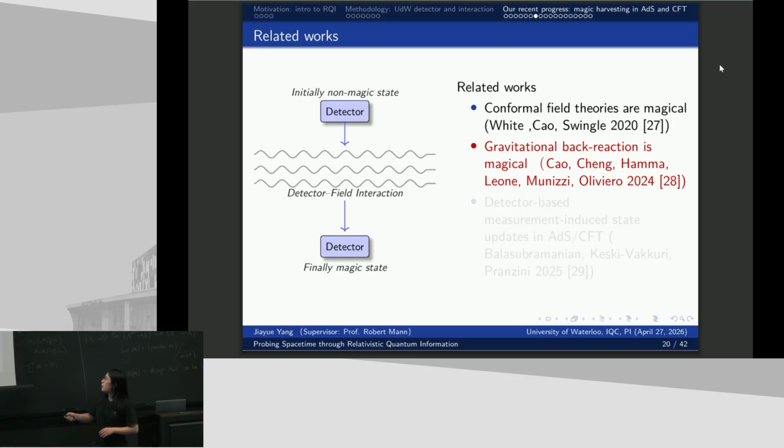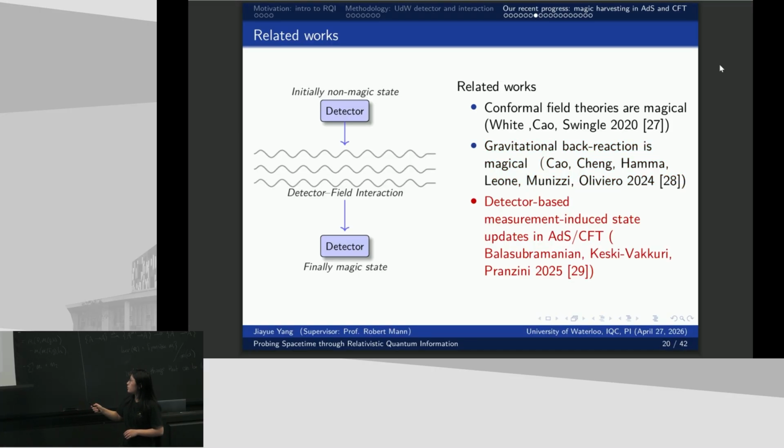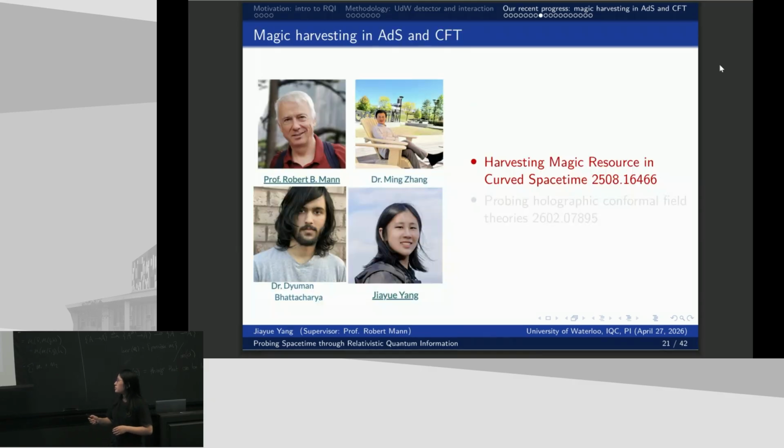People also show that the gravitational back reaction is magical. And also, considering AdS/CFT, people show that state updates can happen in both the bulk and the boundary. So those are all related works that are either trying to consider magical resources in a broader concept or trying to bridge RQI and holography.